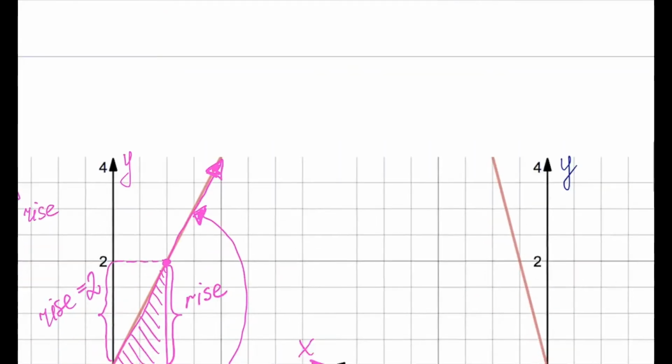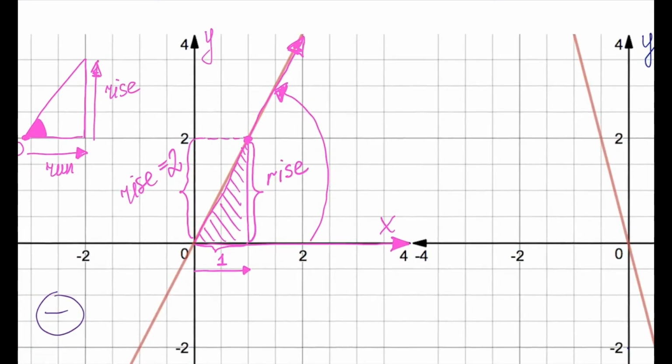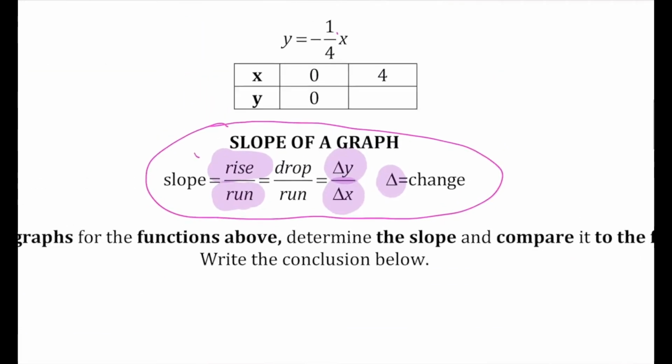If you look back to the graph, how much did x change? That was our run. x started at 0 and then changed to here, and the change was exactly 1. What did y do? Well, y started at 0 and then went all the way up to 2. So that is the change in y. In terms of words, it was rise for y.